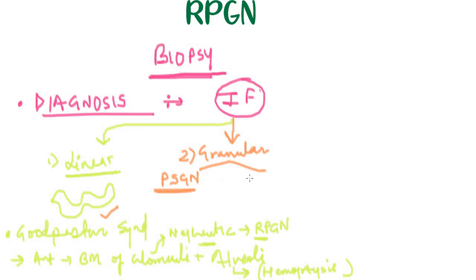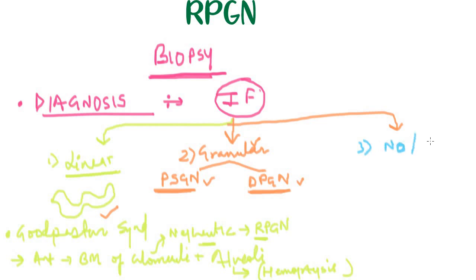The second is diffuse proliferative glomerulonephritis, another kind of nephritic syndrome I have also covered. So with granular immunofluorescence, the cause can be either of these.